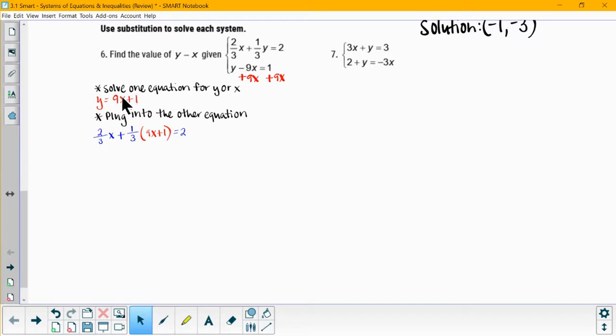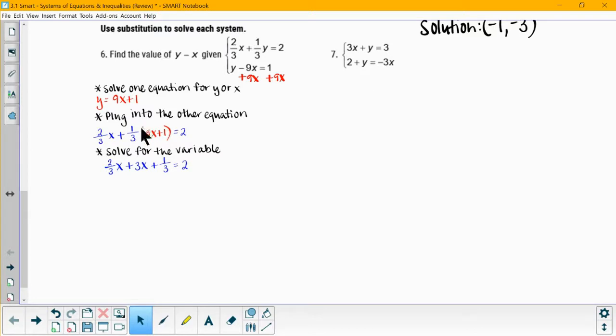So I'm going to take this equation, y equals, and plug it in everywhere that I see a y. So now I have 2/3 x plus 1/3 (9x plus 1) equals 2. Then we are going to solve for the variable. So the only variable I have in this equation is x now, which is the goal. So I'm going to go ahead and solve.